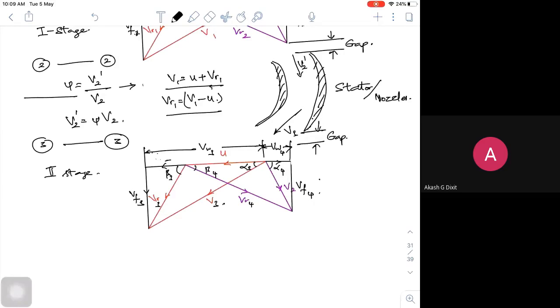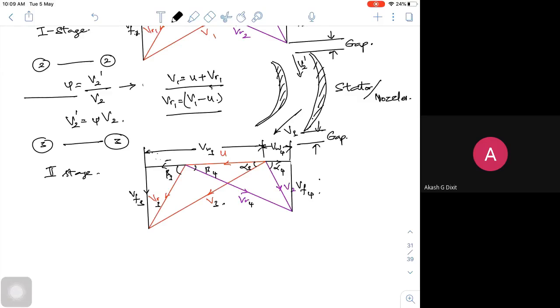A lot of research is going on in this particular area, because whenever we try to change the profile of the blade, these interactions are going to change. So each profile will have a different kind of interaction, different velocity profiles, maybe different losses, or what we call vortices formed at this particular location.